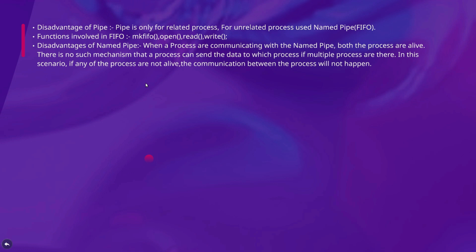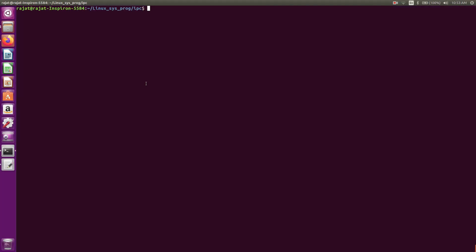For unrelated processes we use a named pipe. So what are the functions involved in the FIFO? mkfifo, which creates a named pipe, then open, read and write calls. So what we will do is go to the man page of this.